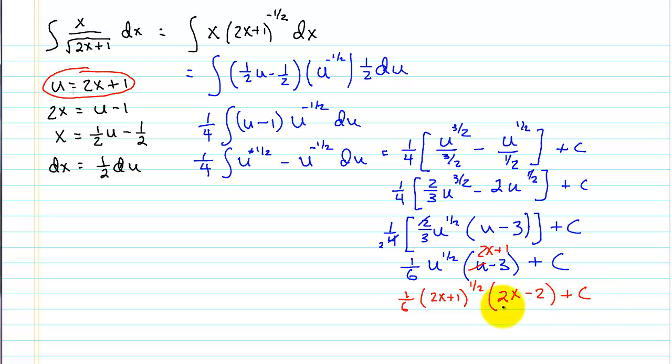And I can factor a 2 out of this. And when I do that, if we factor this 2 out, I've got a 2 here, so I end up with 1/3 times 2x plus 1 to the 1/2 power times x minus 1 plus c. And we now have our final answer.